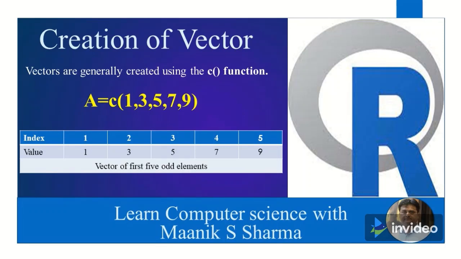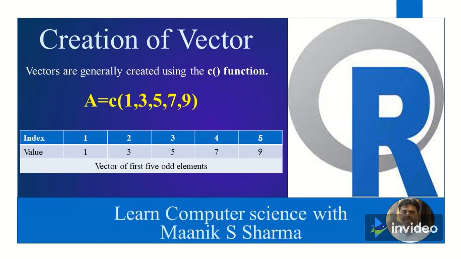In this case, the 5 odd elements will be assigned to a vector known as A. Similarly, for the first 5 even values, we can write A = c(2, 4, 6, 8, 10). And suppose we want to create a vector of the first 10 natural numbers.